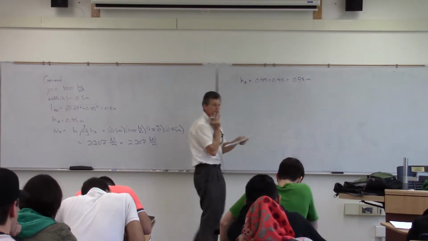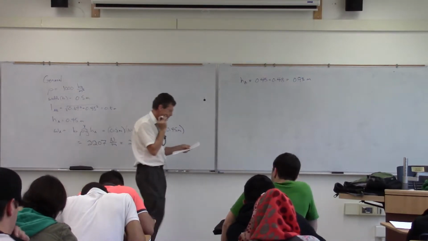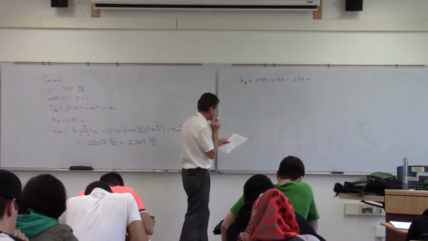And then the depth to B is going to be the combination from A and then that additional 0.48, or 0.93 meters down.